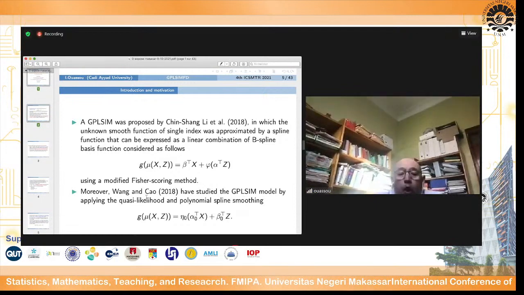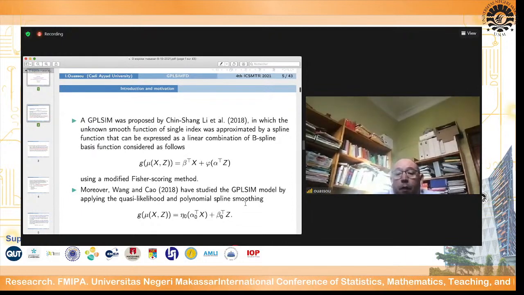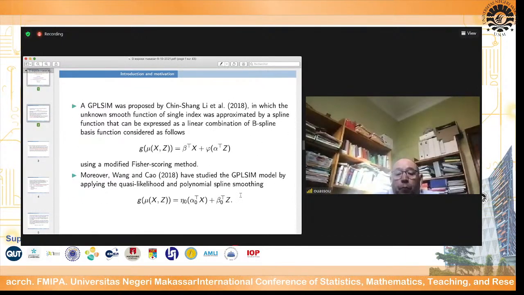However, Young and Co have studied the general linear single index model by applying the quasi-likelihood and polynomial spline smoothing for same models.